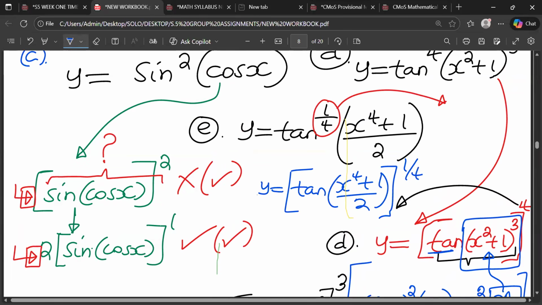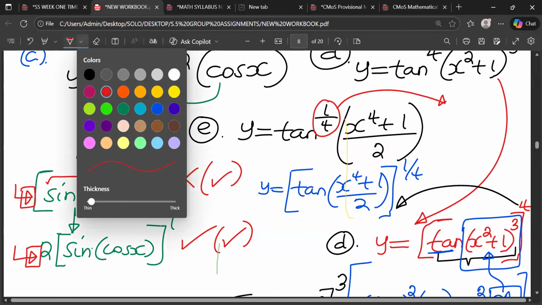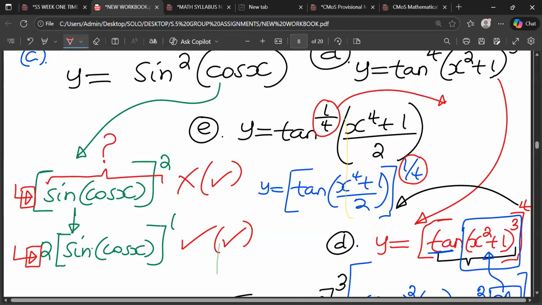So to differentiate this, you simply follow the rules of the shortcut. Drop the a quarter. After dropping the a quarter, bring back the whole of this with the reduced power by 1. So you'll have negative 3 over 4. After reducing the a quarter by 1, then you differentiate what is inside. But what is inside is tan something. How do you differentiate tan something?